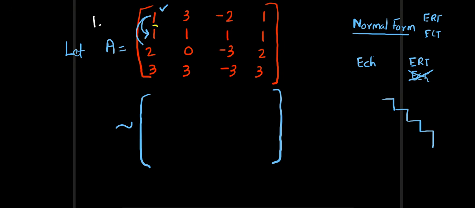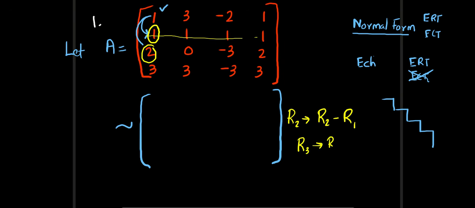So look at this, my target element is in the second row. So I'm going to write R2 changes to R2 minus R1. Because I know 1 minus 1 will give me 0. Now my next target is in the third row. So I'm going to write R3 changes to R3 minus 2R1. And finally R4 changes to R4 minus 3R1.